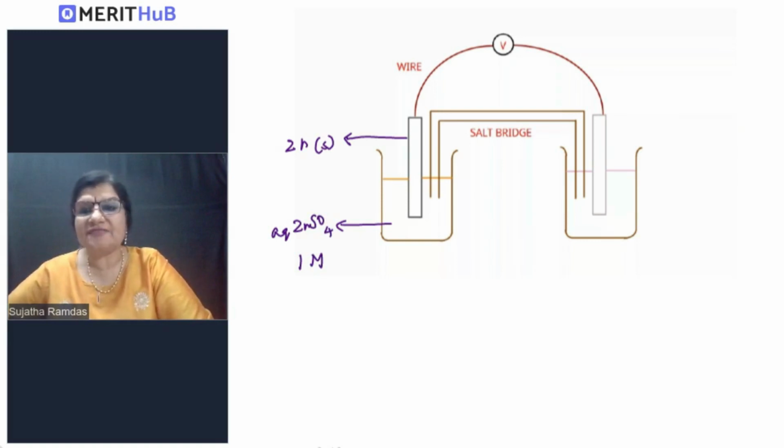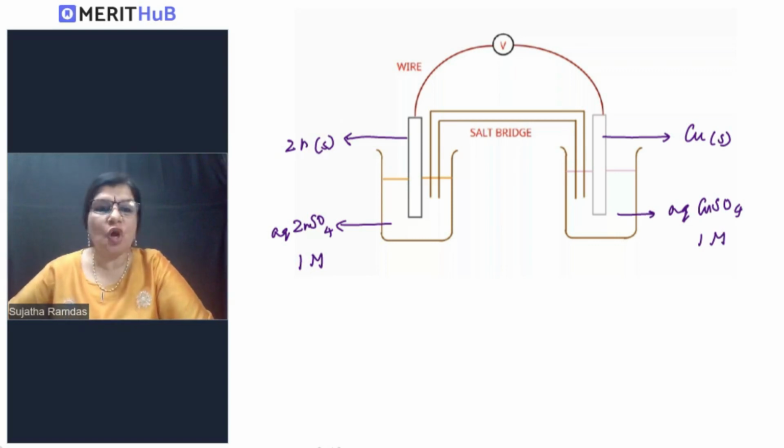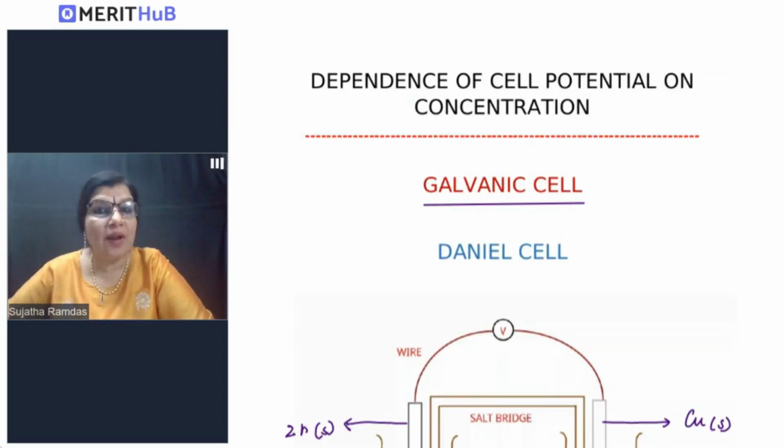In the other half cell, you have a copper rod dipped in aqueous copper sulfate solution of concentration 1 molar. You have the salt bridge, the connecting wire, and the voltmeter.